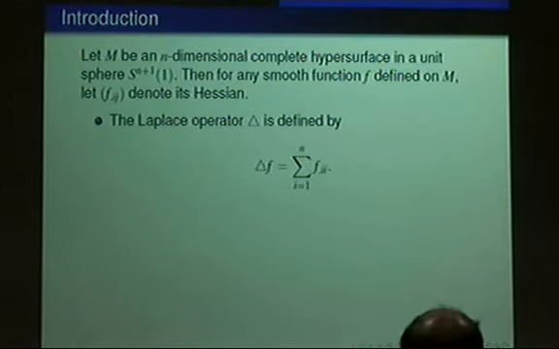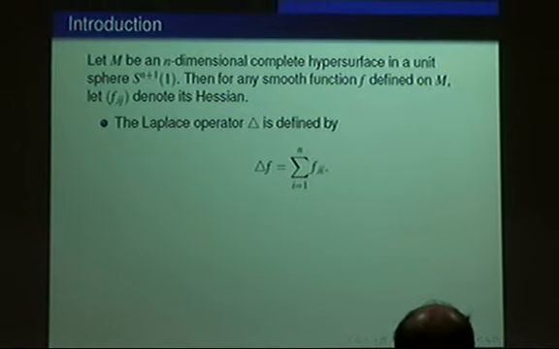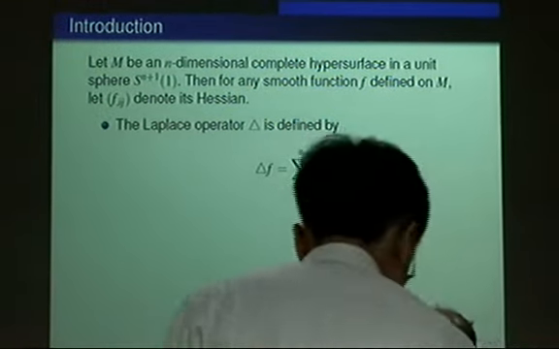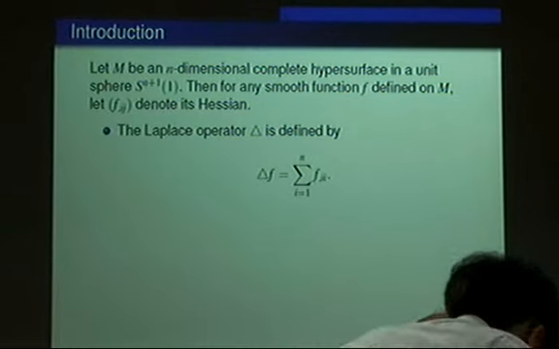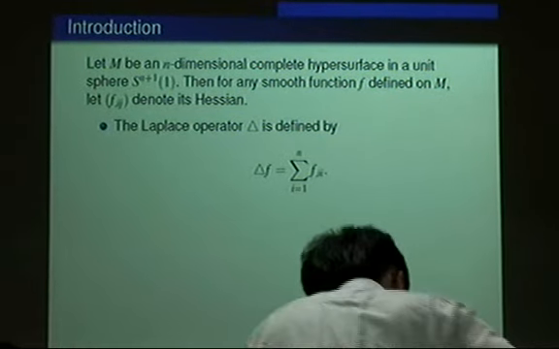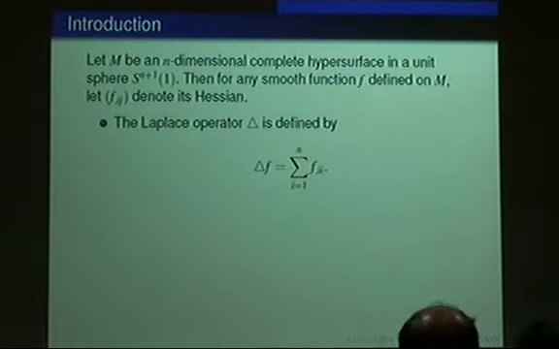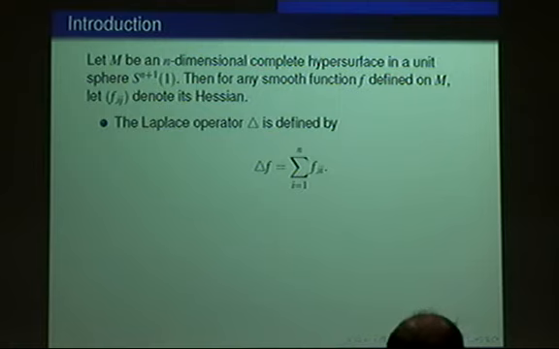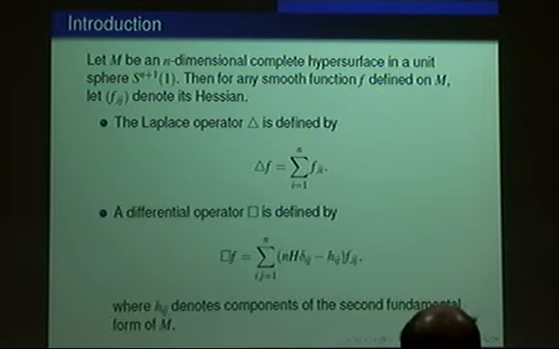I'll give some introduction. If M is an n-dimensional complete hypersurface in a unit sphere, then for any smooth function f, let f_ij denote its Hessian. Firstly, we can define this differential operator. The Laplacian is defined by this one. Next, I introduce the second operator.